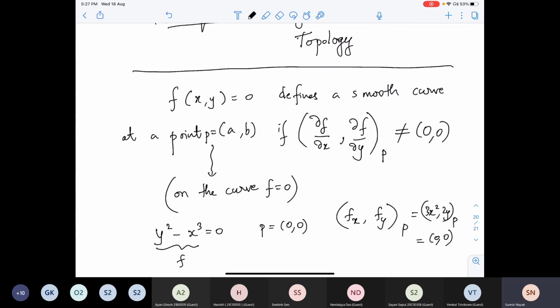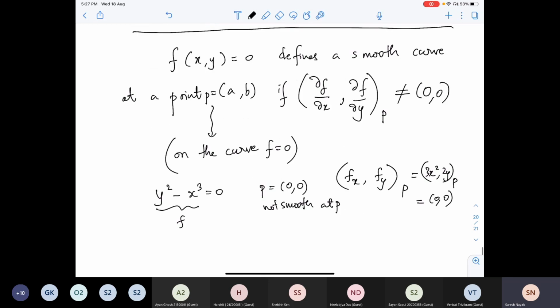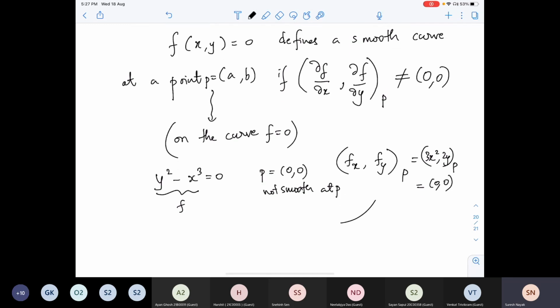So therefore, this is not smooth. And that is your picture that you have here. And this is your point here, looking like a sharp point in this neighborhood. That's your origin, and both the partials are vanishing. That seems somehow to be a problem.